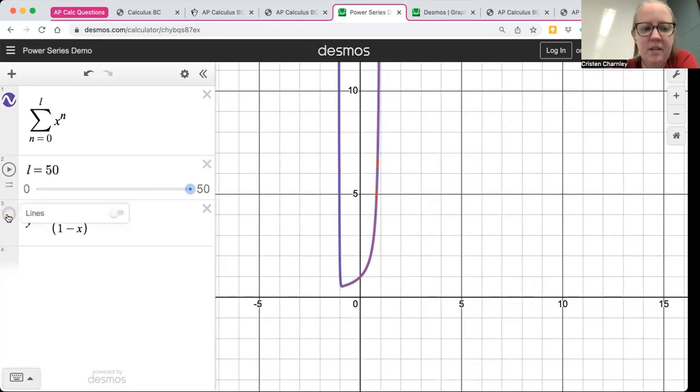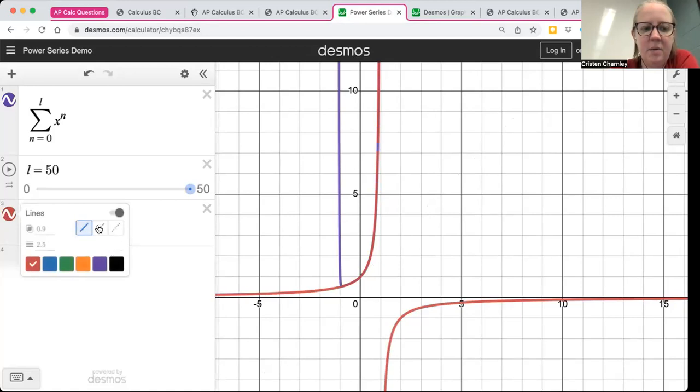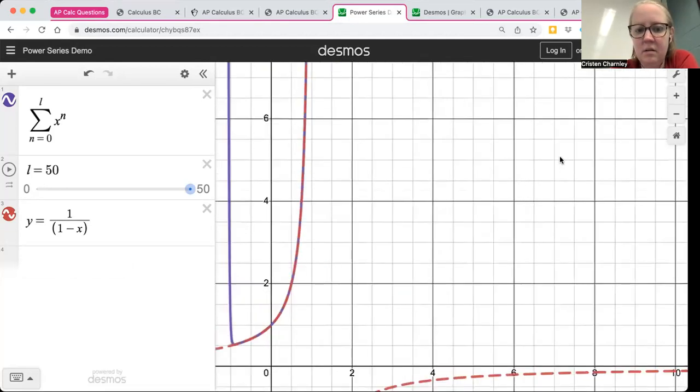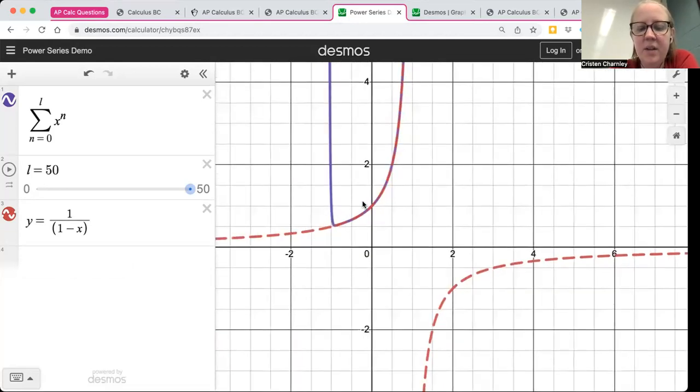Let me change this picture so maybe you can see through it. If I zoom in a little bit, there you go. You can see that they overlap. Now, they overlap as far left as -1, and they overlap as far to the right as +1.